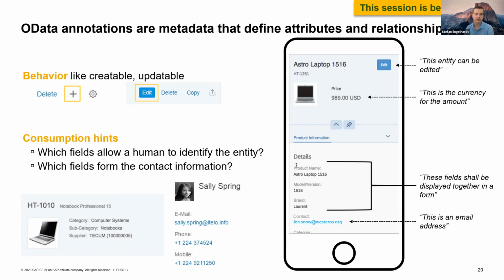But even if your backend is only able to offer OData, you still can just put all the annotations into the app as an XML. And we also have tooling in the web IDE for this, and also in the upcoming Business Application Studio, Fiori tools.